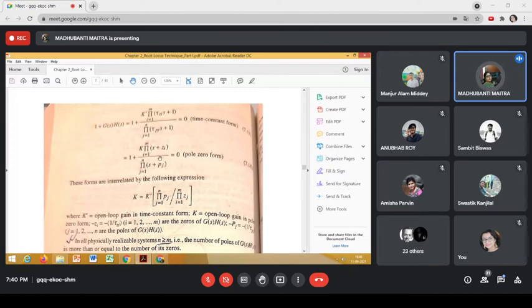This form is more popular than the time constant form. If you express the transfer function in one form, you can obtain it in the other. It's not difficult. But why am I choosing this pole zero form?